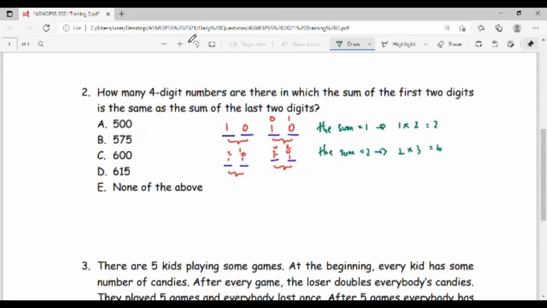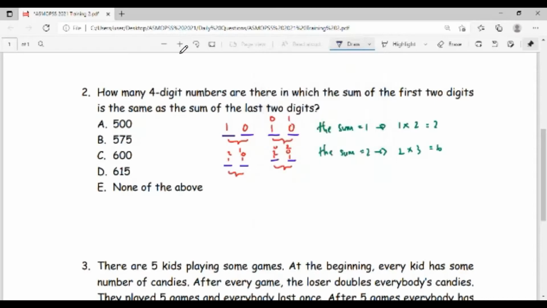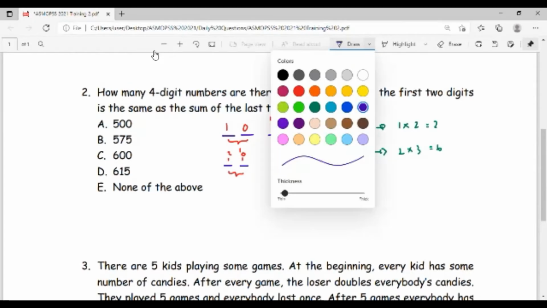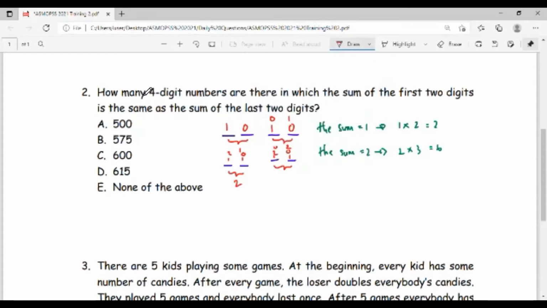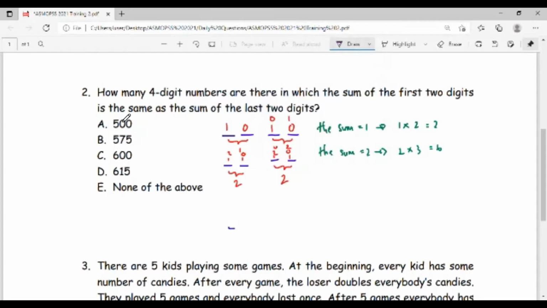So there are 6 different combinations. If you want to find the number of combinations, you can find the number of possibilities in the first group multiplied by the number of possibilities in the second group. I'm sorry, I haven't written the sum of 2 there. Now I will put a little more space here because we will need more.